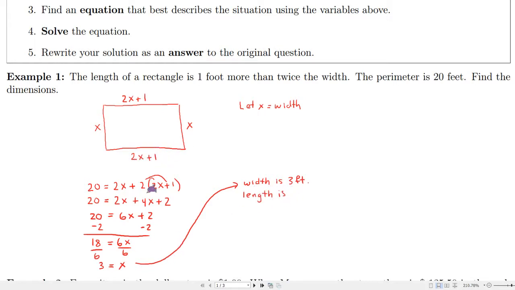So if I substitute 3 into this, then we have 7, right? So 2 times 3 plus 1, so 7 feet. So we could consider this the answer. If you wanted to say the dimensions, you could say 3 feet by 7 feet also. So these are two acceptable answers. All right.